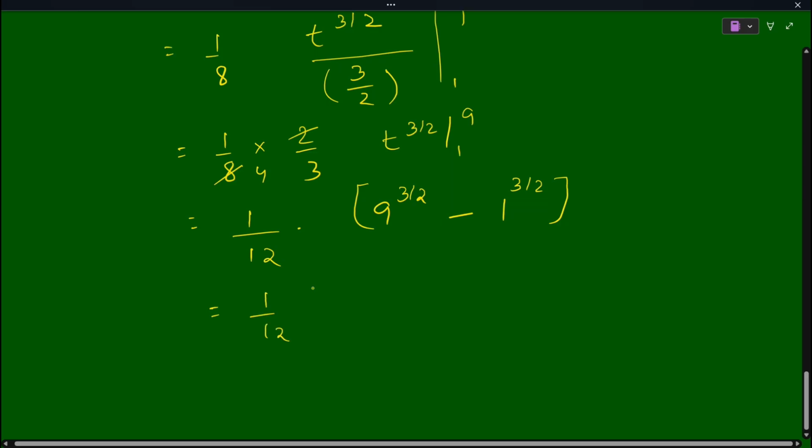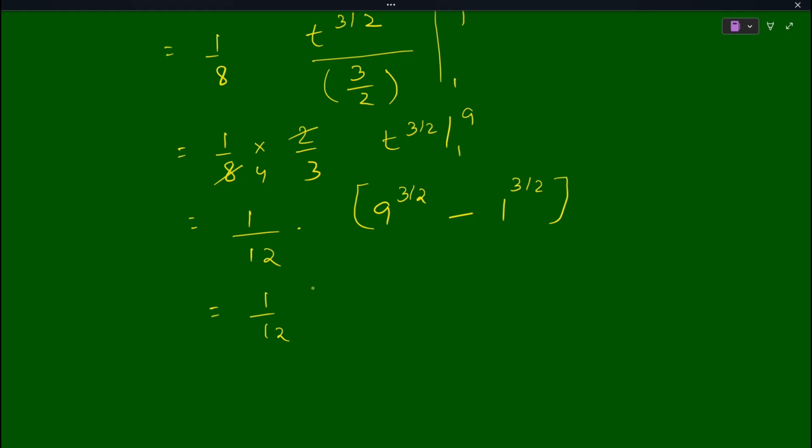Okay. So now let's see what this value is. You can use a standard calculator or a scientific calculator to find the value of 9 to the power 3 by 2, or else you can use a trick. The power is 3 by 2, so we can write it as 9 to the power half and 3, and similarly here I can write 1 to the power half and 3.